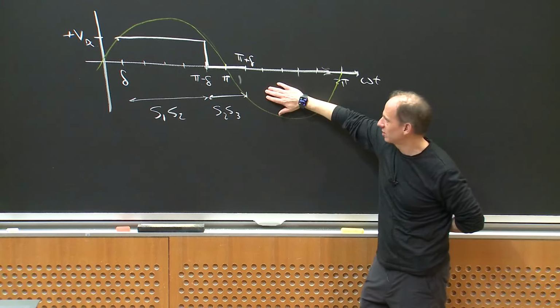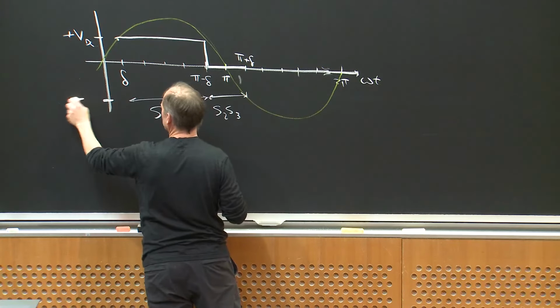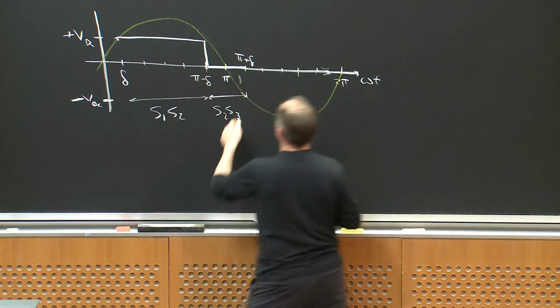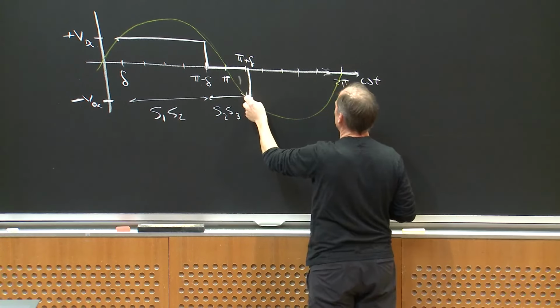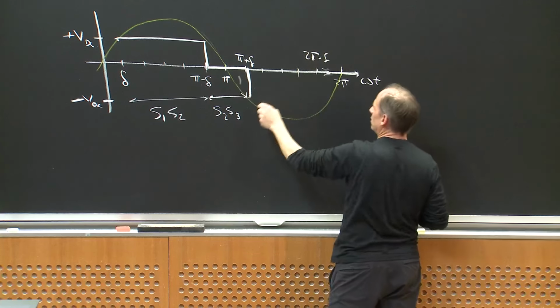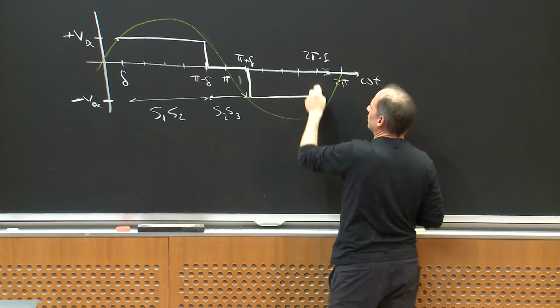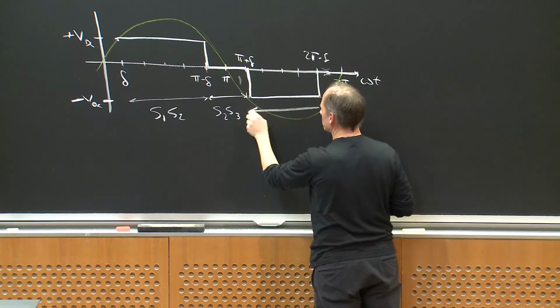So maybe I want to make this minus VDC. So I will then switch here, and from pi plus delta to 2 pi minus delta, I will have minus VDC, and I get that with what switch pattern?